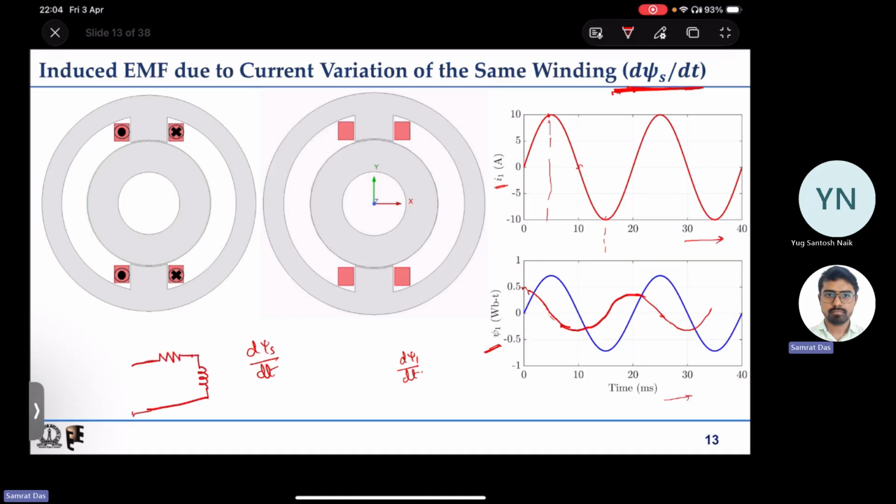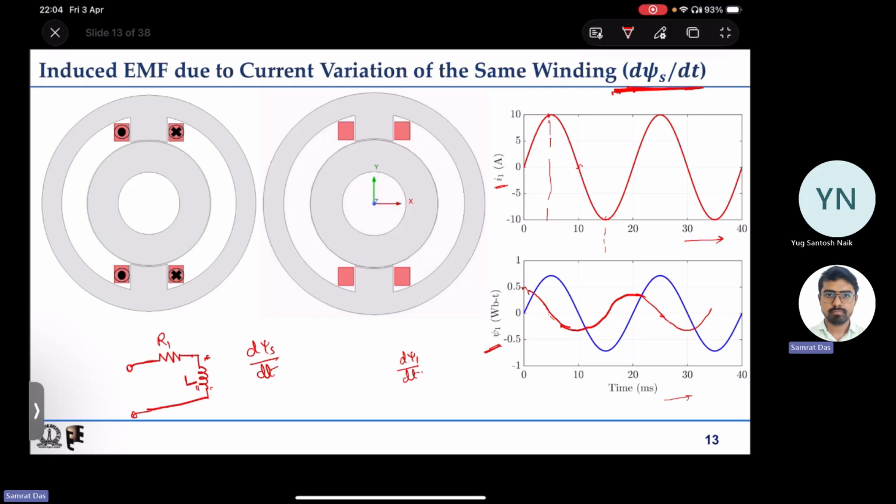That induced EMF is represented by the self inductance of the winding itself, L11, and there is some R1. So whatever coil I have indicated here, if it has to be represented with an equivalent circuit, it can be captured by putting a simple inductance, because its own current is producing the change in self flux linkage.